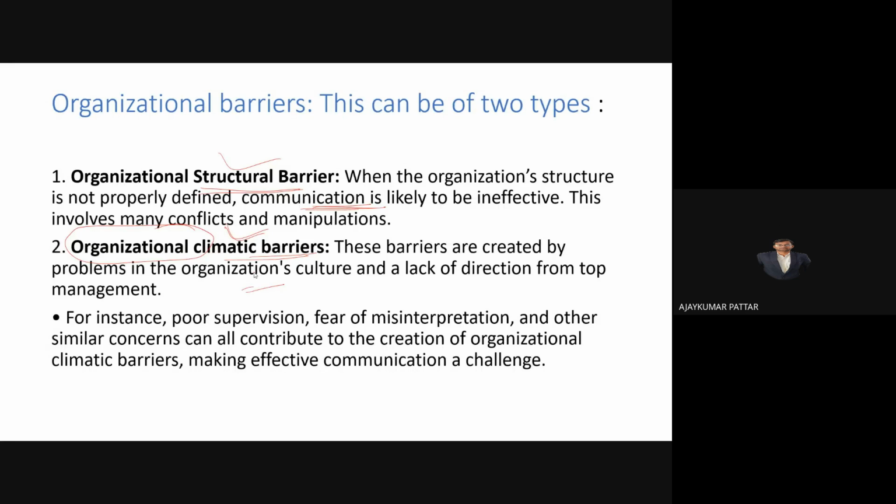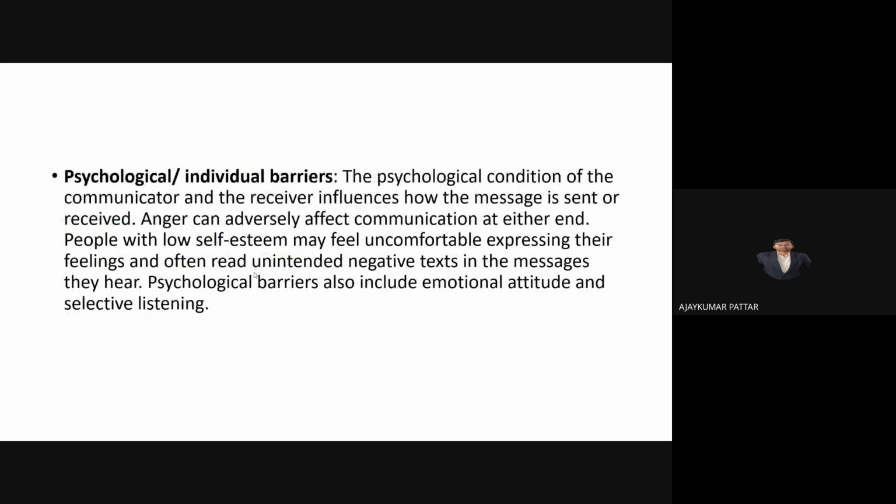For example, in some colleges and companies, the workers will hesitate to talk to each other on that campus, because they will think that if they talk to each other, the management may think something about them and can issue a notice. So they fear and don't communicate properly. That type of organizational environment we call organizational climatic barriers.